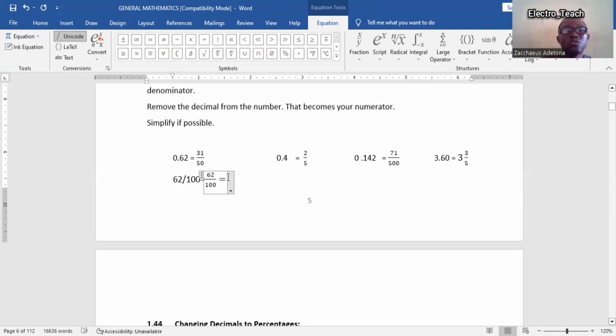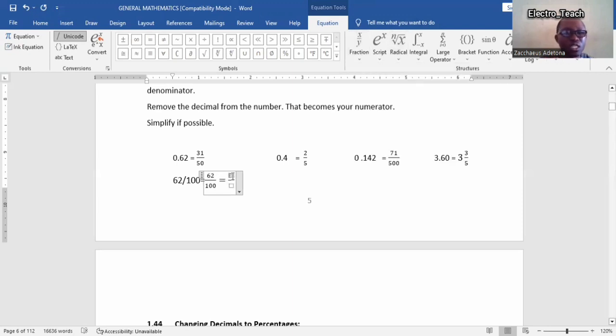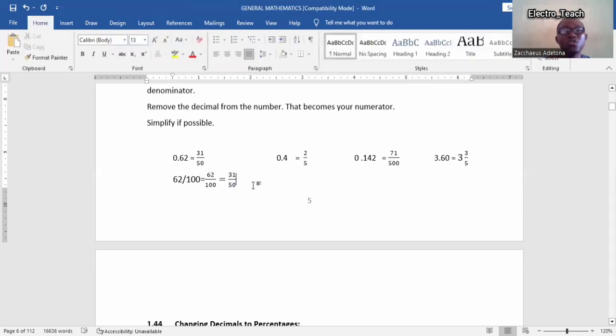So from 62, we can get 2 out of 62, and get 2 out of 100. That will be 31, and then 100 divided by 2 will be 50. And that is how 0.62 becomes 31 over 50. I think you get it now.